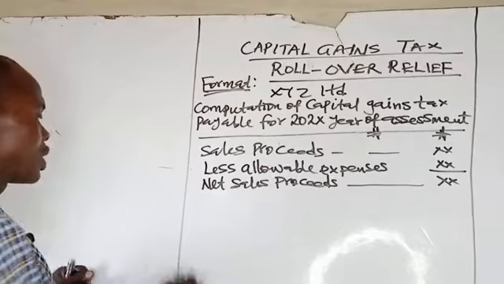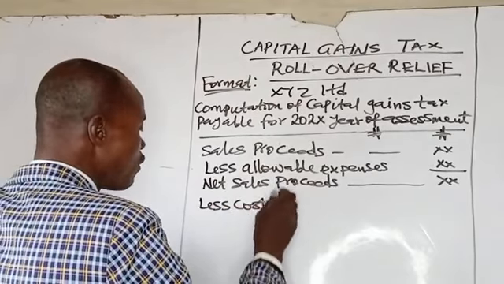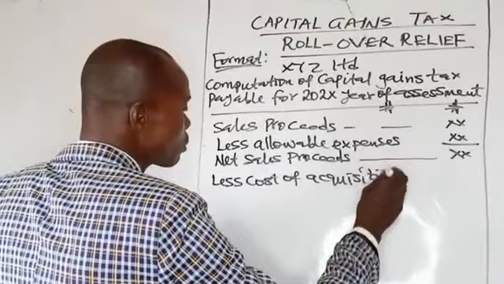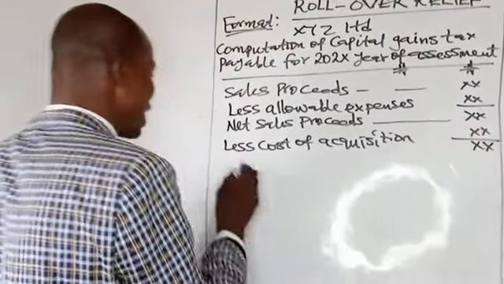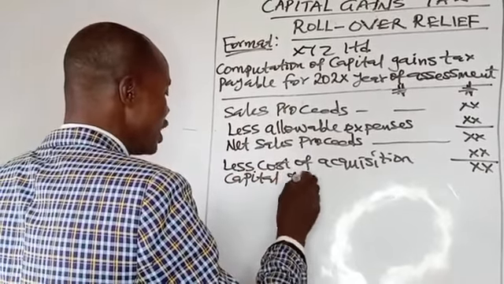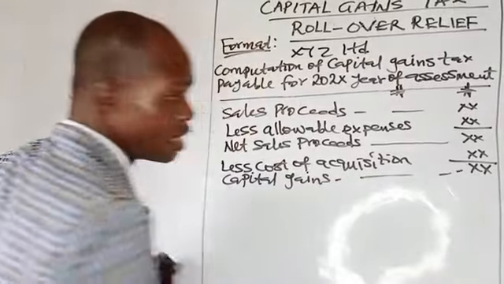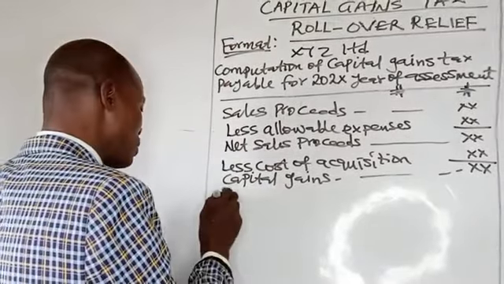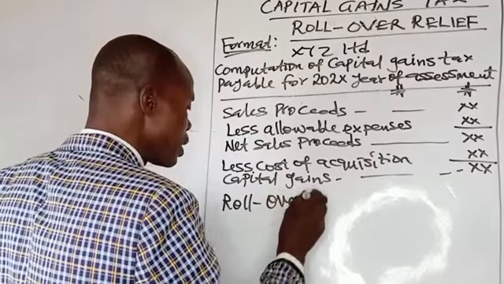Then you have less cost of acquisition. So then you get capital gains. Then you have rollover relief.